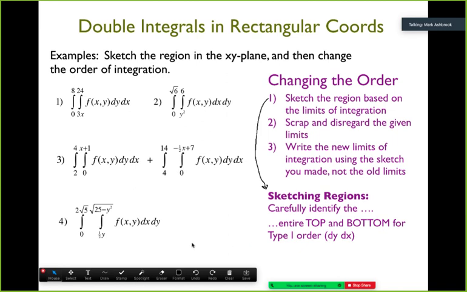If you have a type 2, then you're going to focus on creating the entire left and right side. That's where your focus is going to be. Once you get that right, the second range, dx for type 1 or dy for type 2, will fall more into place. So in drawing the regions, we're focusing on the first range heavily. That's our heavy focus.